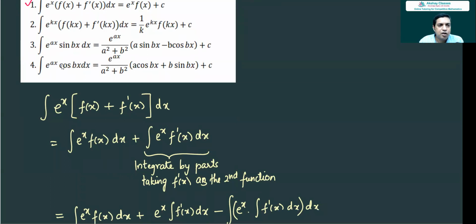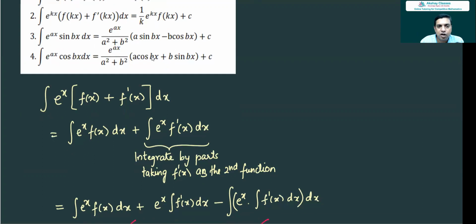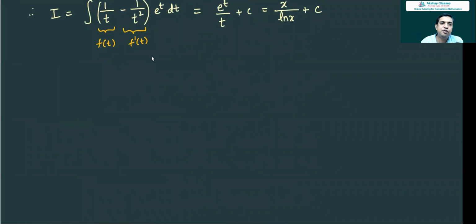Now, once like this, e power ax sine bx and e power ax cos bx. You can memorize this, or you can do integration by parts. On doing integration by parts twice, I repeats itself, and then you can bring it back to the left hand side and simplify. But I'll give another very efficient and elegant method to solve this.